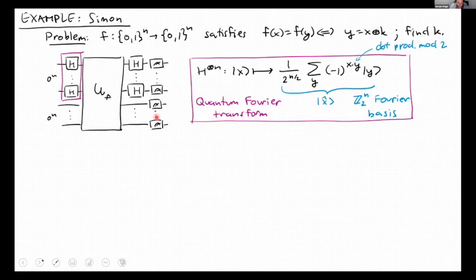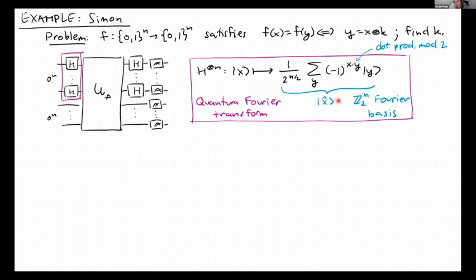Okay. So let me now point out that this transformation here, applying Hadamard to n qubits, has the following action on the basis. Okay, so this is an easy computation. If the input is a basis element ket x, then the output is an equally weighted superposition over all y with these phases (-1) to the x dot y.